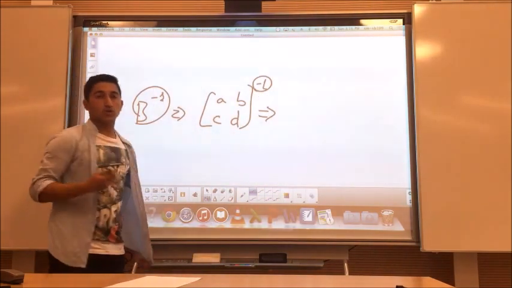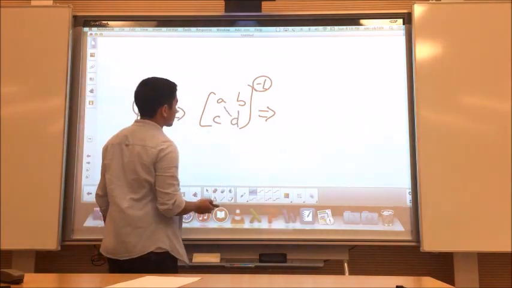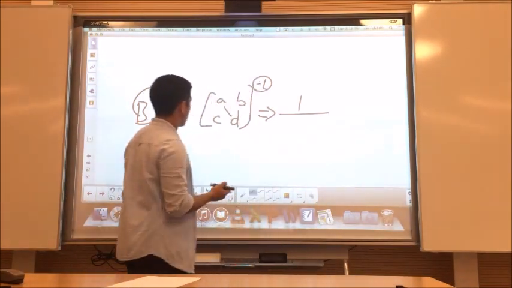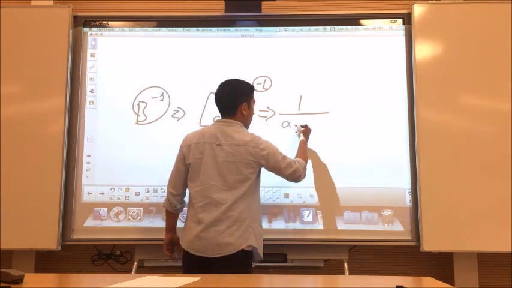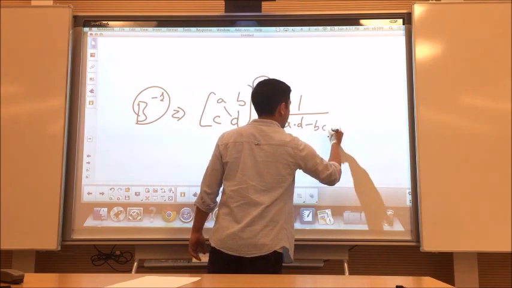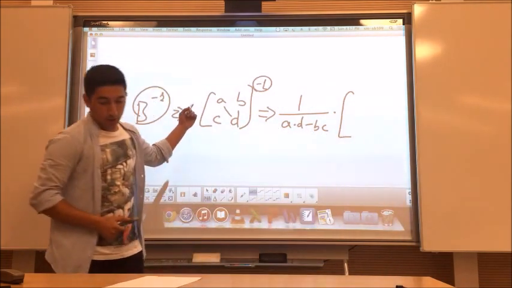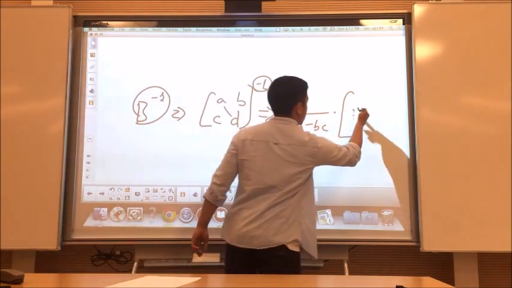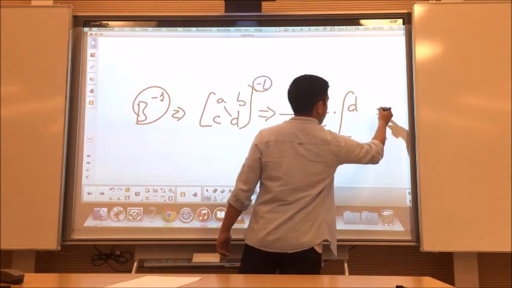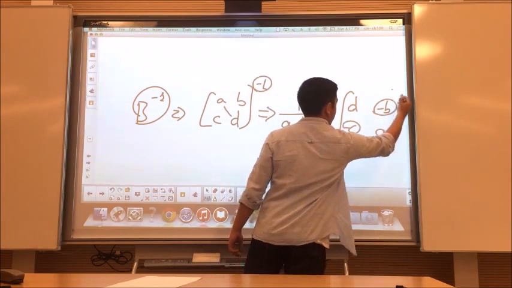First, we should find our determinant, and how to find it? 1 over A D minus B C, and multiply it. First, we are swapping it like D and A, and writing just negative form of these digits.